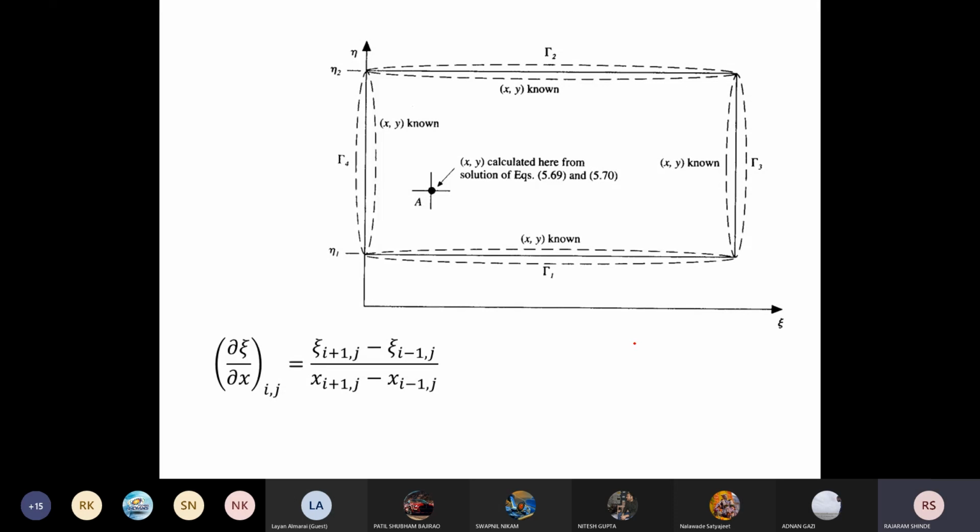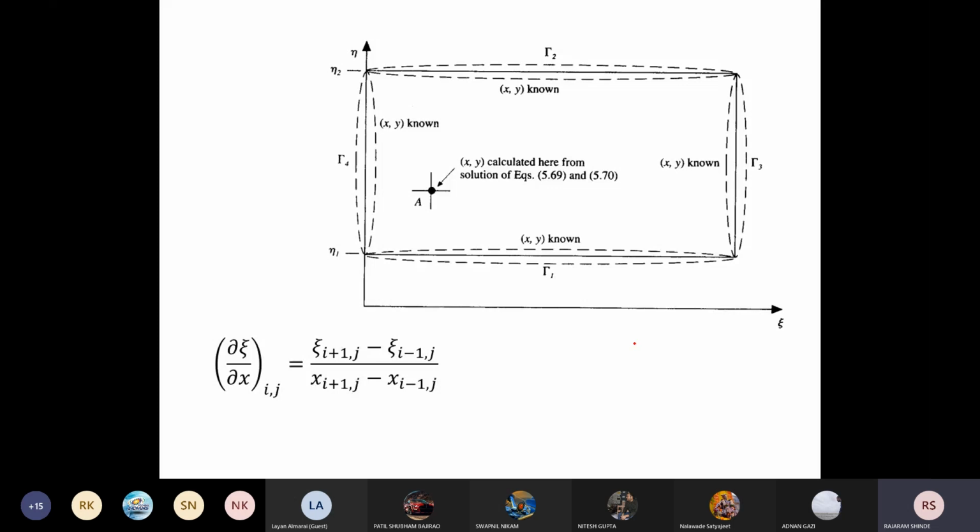Now, for understanding this, consider the point A in both the physical and computational plane. At point A, in the computational plane, we have a differential equation, the Laplace equation. That equation will be solved for its x and y coordinates. This will give the location of point A in the physical plane.